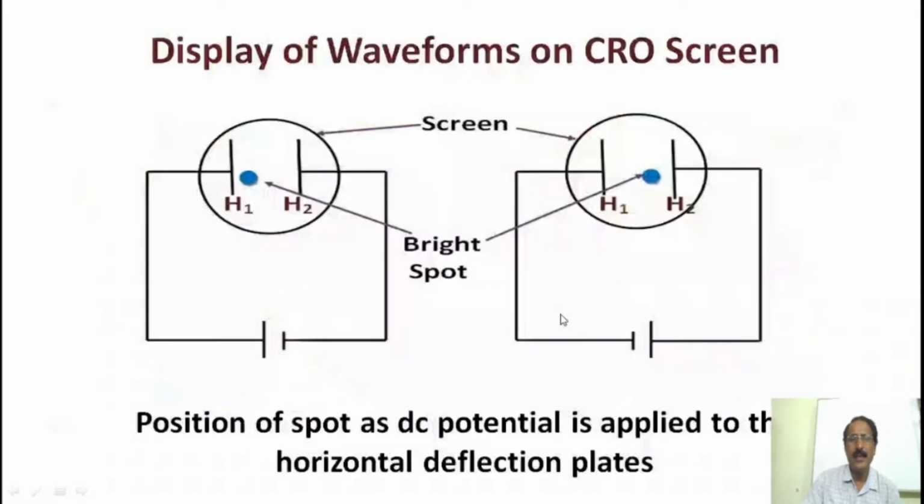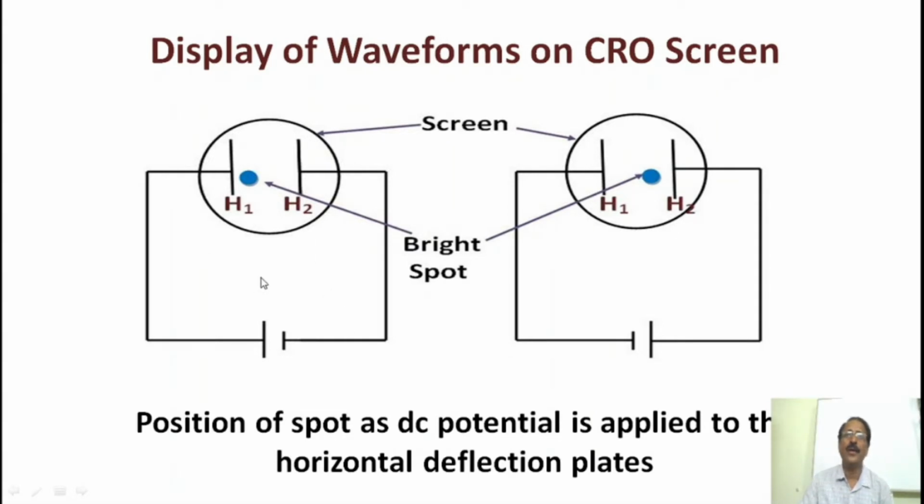Now let us see the waveform in the CRO screen when the DC voltage is applied. When DC voltage is applied to the horizontal deflection plates, the spot moves either to the left or to the right.